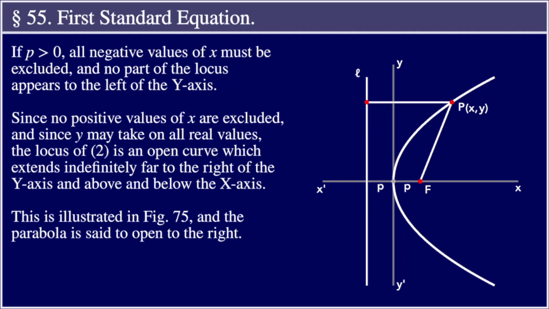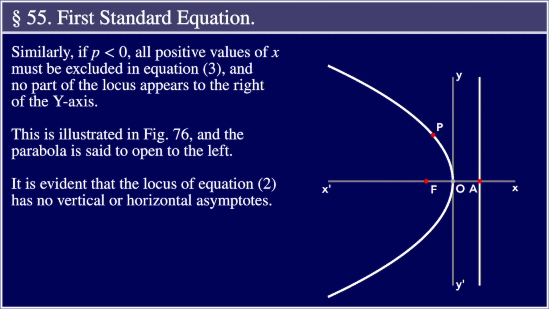Since no positive values of x are excluded, and since y may take on all real values, the locus of equation 2 is an open curve, which extends indefinitely far to the right of the y-axis, and above and below the x-axis. This is illustrated in Figure 75, and the parabola is said to open to the right.